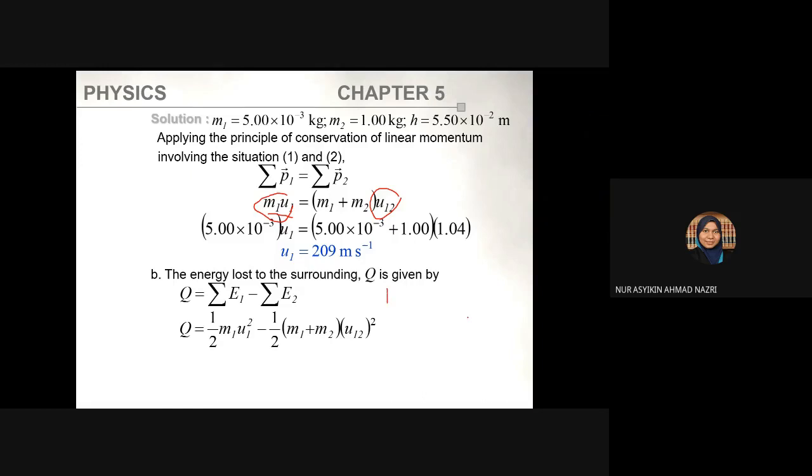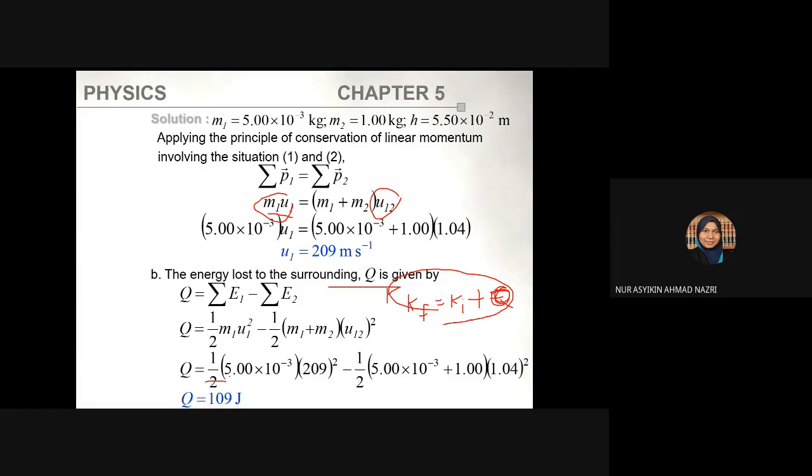Okay, yang dia kata K loss, yang dia kata K final sama dengan K initial tambah energy loss tu. Dia panggil Q loss. Okay. So that's why kita boleh ambil K final minus K initial, ataupun K initial minus K final. Then we can get the value of the energy loss is 109 joule.